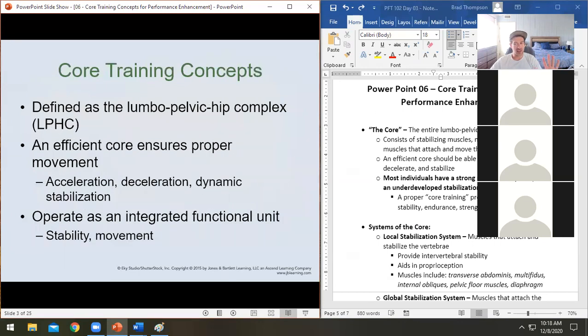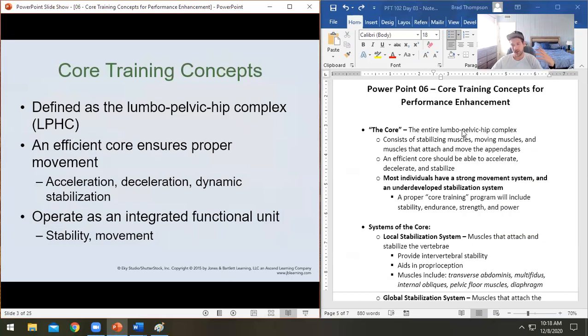So when I say the core, everybody right now, remember, I do not mean abs. The abs are a part of your core. They are not the core, right? Your core is your entire lumbopelvic hip complex.